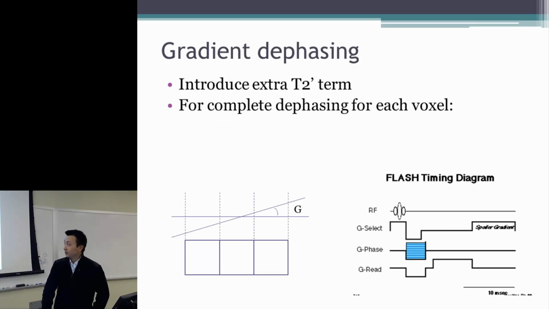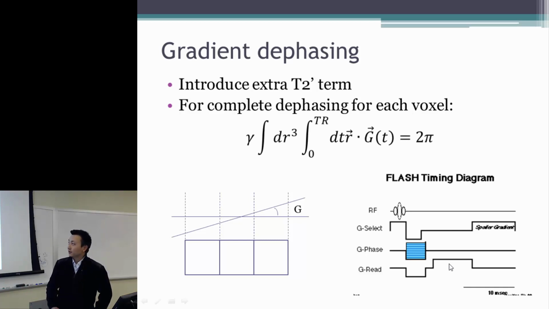So the gradient dephasing is actually very simple. By applying a gradient, we are introducing a field inhomogeneity, so it's like introducing an extra T2 prime term, effectively reducing the T2 star. By reducing the T2 star, we can significantly dephase the signal inside a voxel.